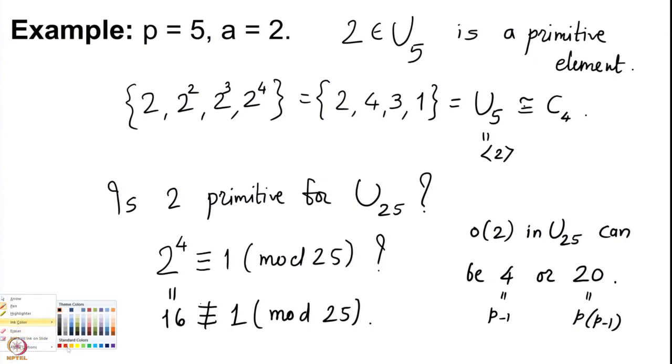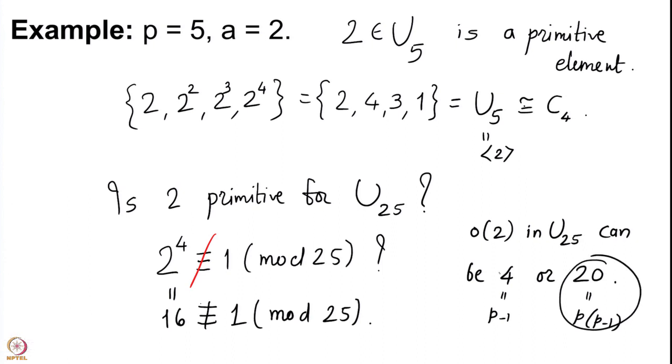Therefore, the order of 2 mod 25 will have to be then 20, because this is not possible, and hence 2 also generates the group U_25, which is isomorphic to C_20.